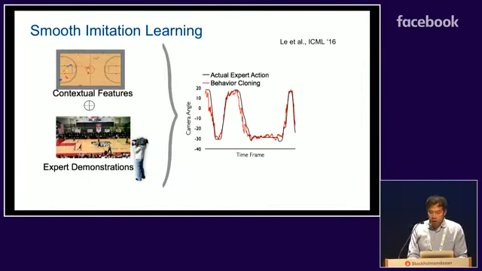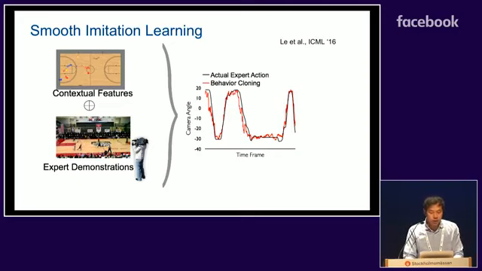Now, if we just use behavior cloning to imitate the expert, we see from the plot of the test time actions that the imitation accuracy on average is quite good. But this is nowhere near acceptable for our purpose because the sequence of actions is extremely noisy.